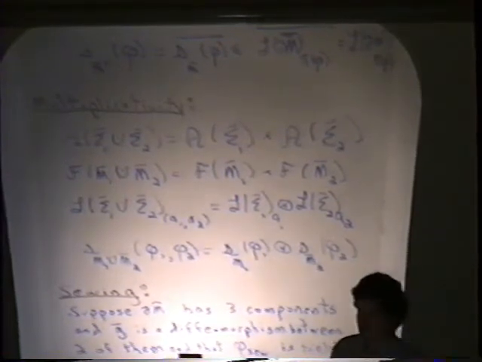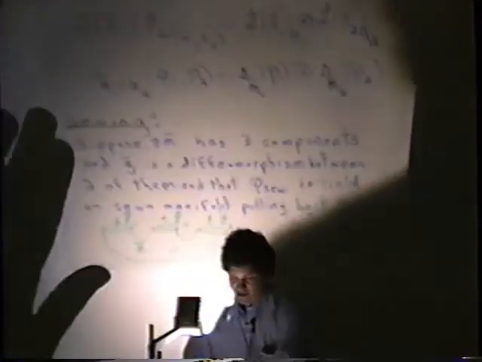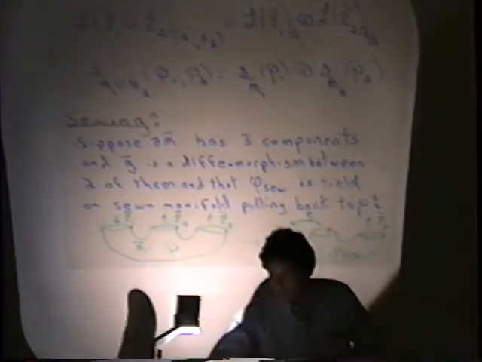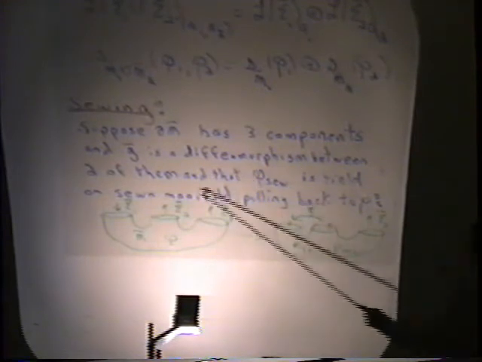Okay, so the next axiom is sewing, and this is the heart of the matter, the most interesting one, and for some reason always hard to explain clearly, but I'll try. So suppose the boundary of M has 3 components, and G bar is a diffeomorphism between 2 of them.